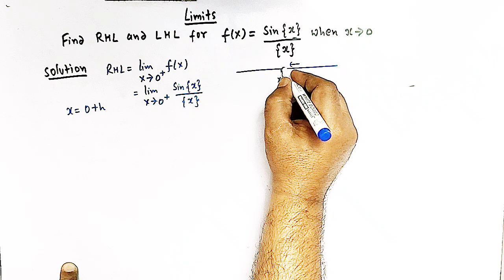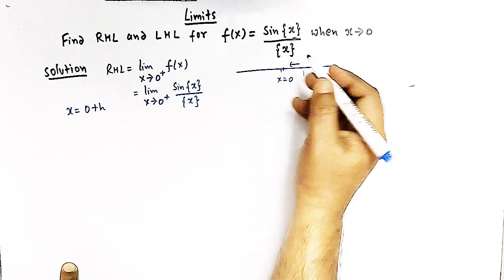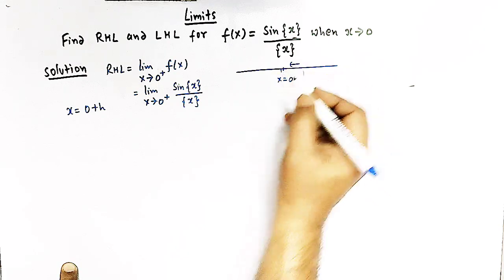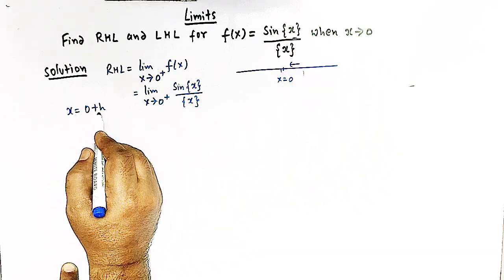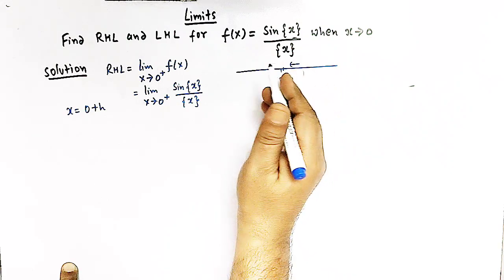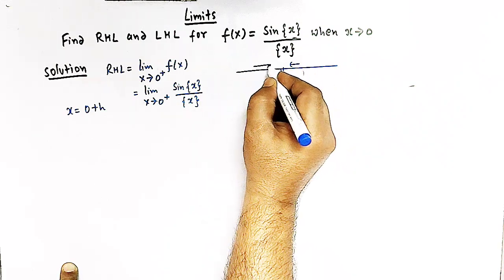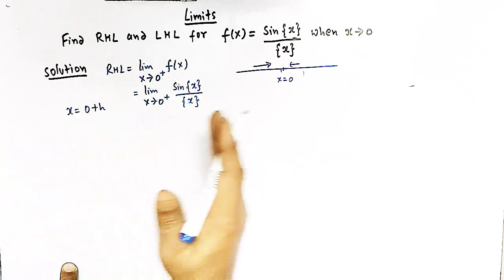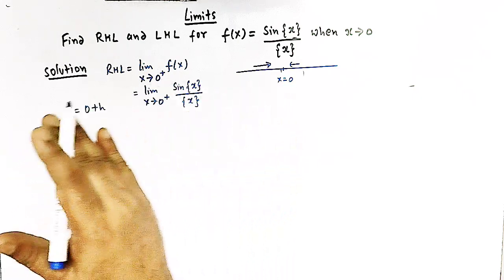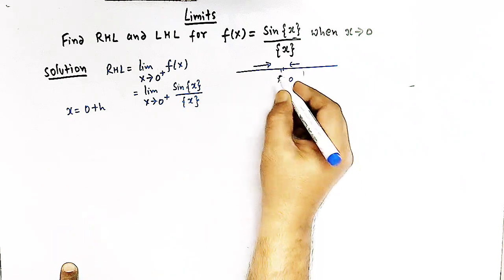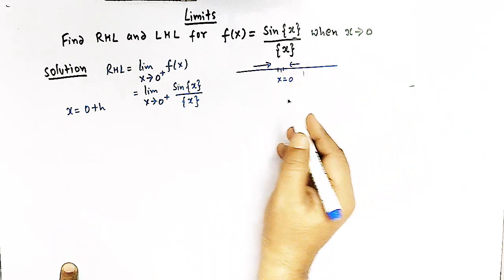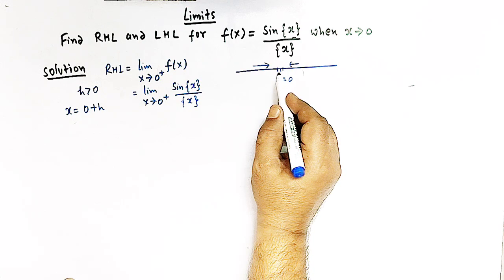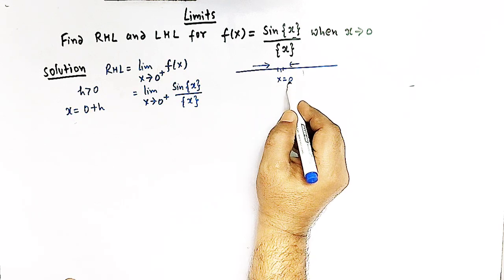And here we have a point in the right neighborhood of x = 0, and this point is 0 + h. When we find the left hand limit, we approach x = 0 from the left, that is from all values of x which are less than 0, and we have a point in the left neighborhood of x = 0.